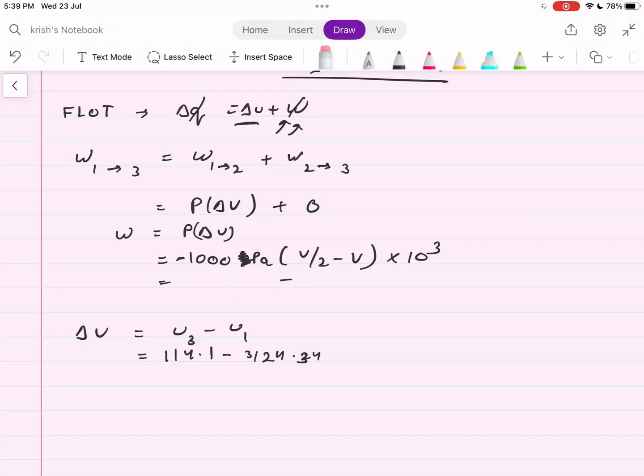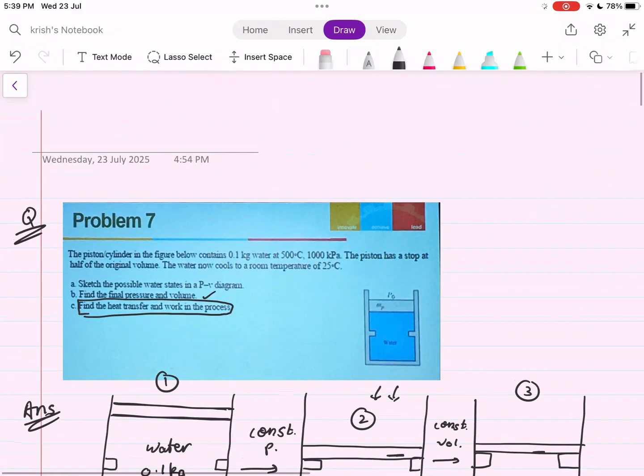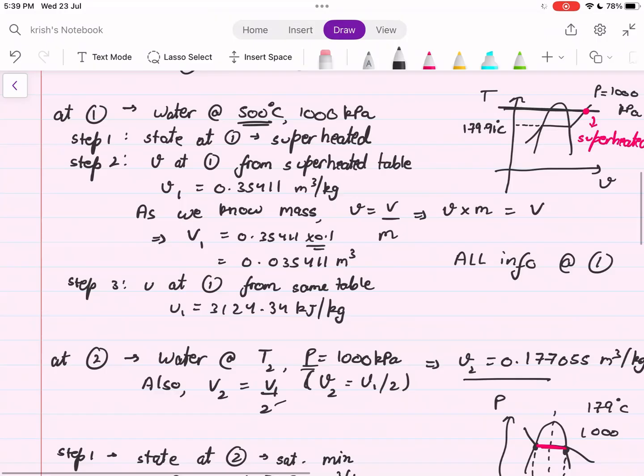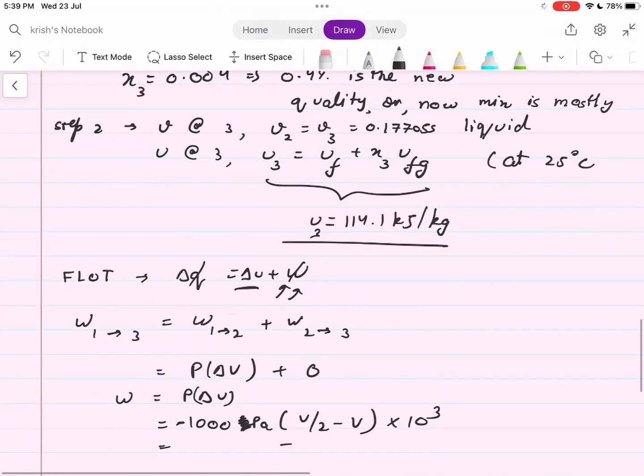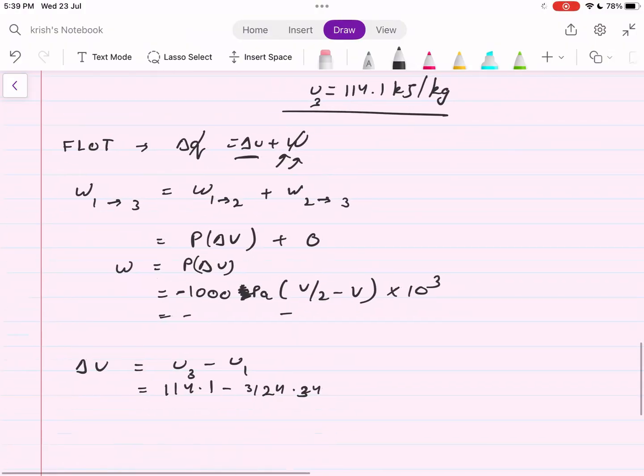And I think work also we've made a bit of mistake. Is the meter cube given? Is it meter cube? The volume that we found. No, the work that we found was correct.